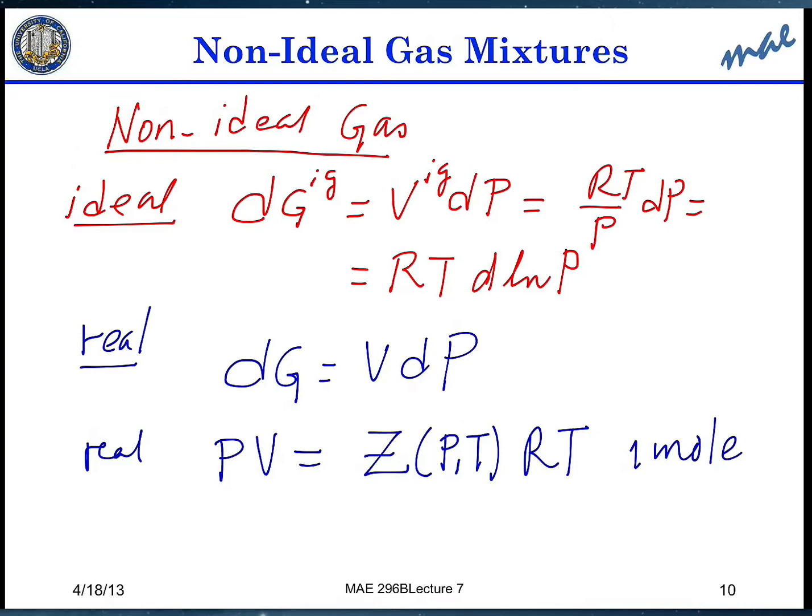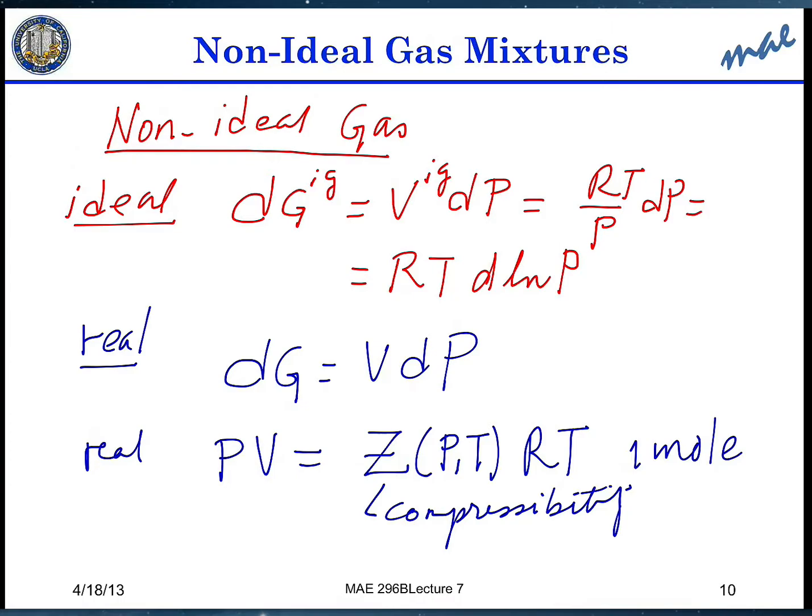And Z is the compressibility function. So if we have an ideal gas, Z should be equal to 1. Otherwise, it would be different from 1.